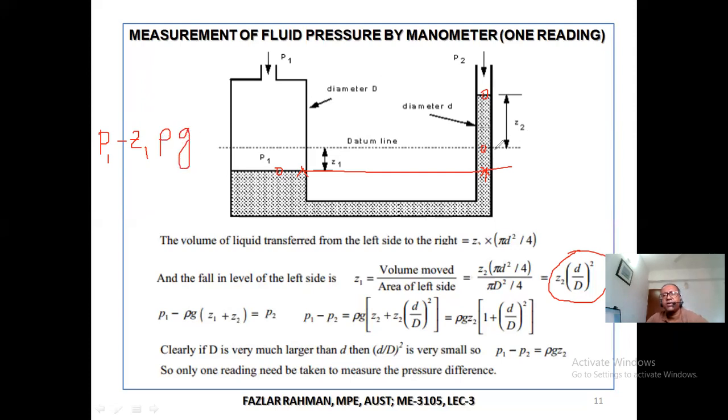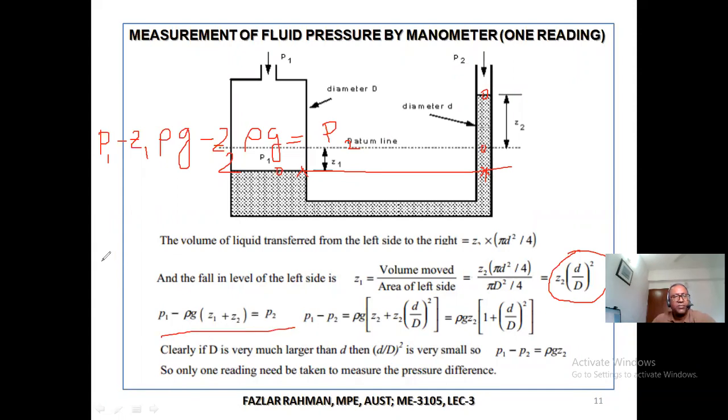Now, you come in over here, again moving upward, so that will be Z2 rho g. This equals P2, right? Now we'll figure out P1 minus P2. So you see right over here, this equation.